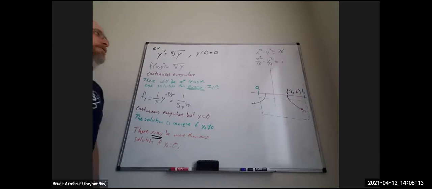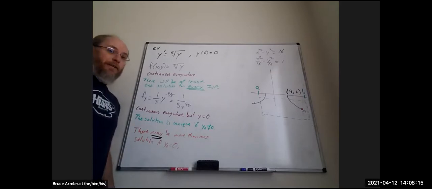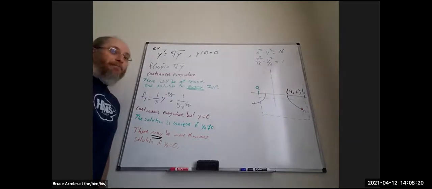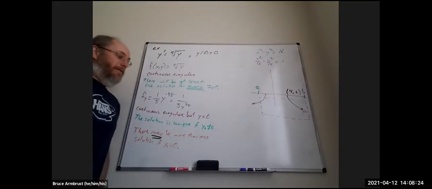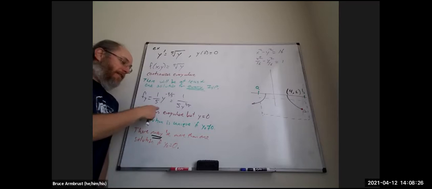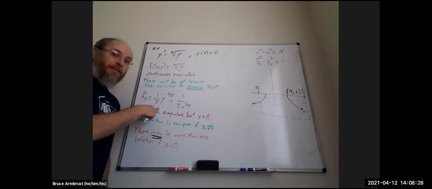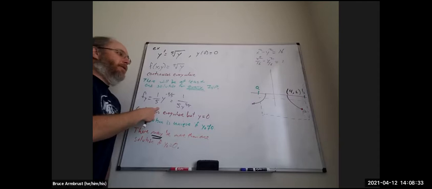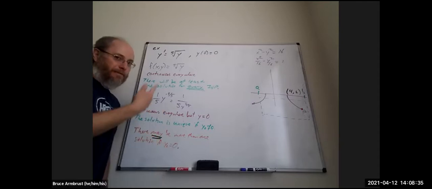What if we go with an initial condition of y of 0 equals 0? Because now it's going to be impossible to draw a rectangle around that point so that this function is continuous everywhere in that rectangle, because that rectangle contains a point that's already a problem.